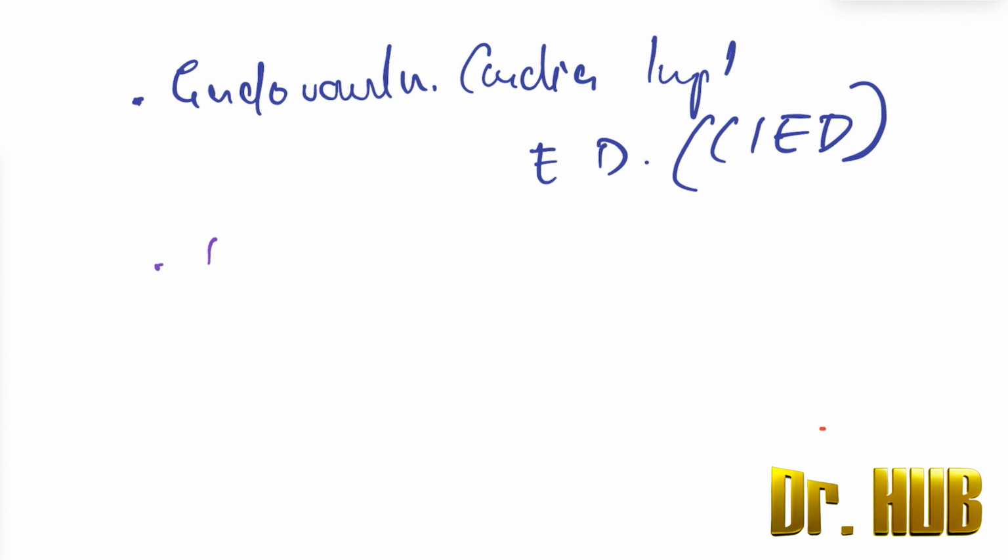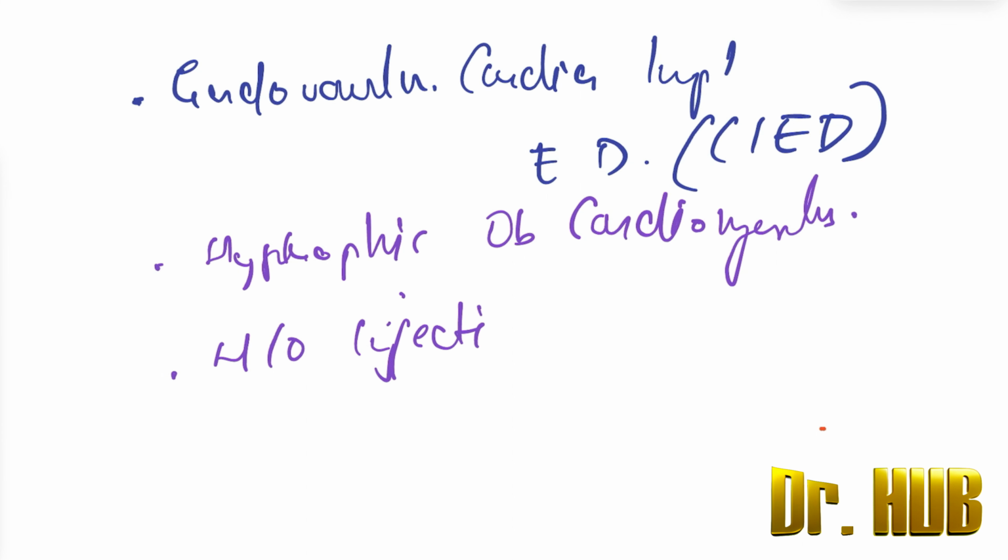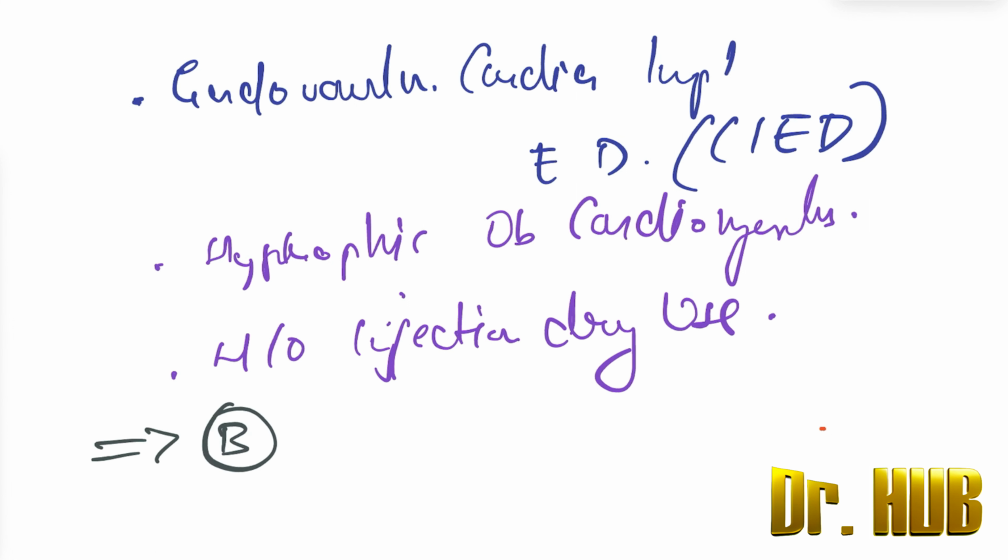Then we also look for hypertrophic obstructive cardiomyopathy, and also the history of injection drug use. So this was about the predisposition. So next category, A was predisposition, so now we move on to B.